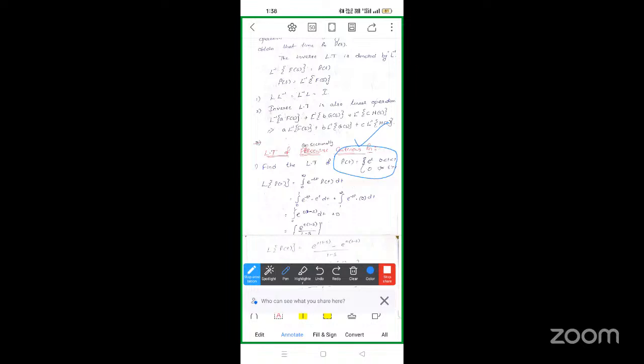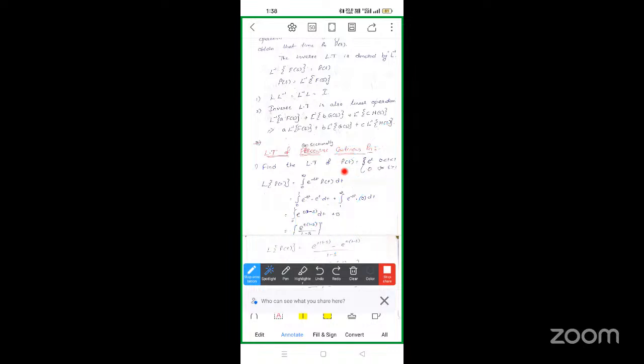So f of t is continuous on the interval 0 to 1, and after that, for t greater than 1, f of t is a discontinuous, or piecewise continuous, function. f of t is equal to e to the power t for 0 less than t less than 1, and 0 if t is greater than or equal to 1.